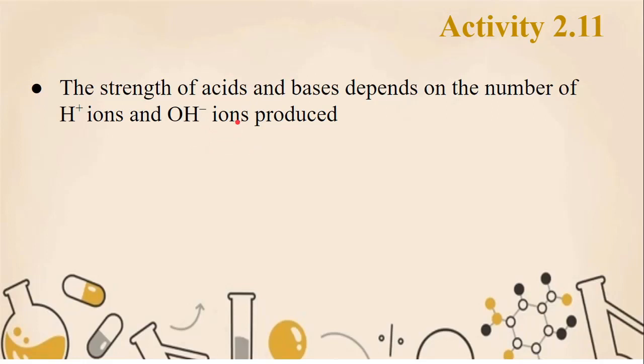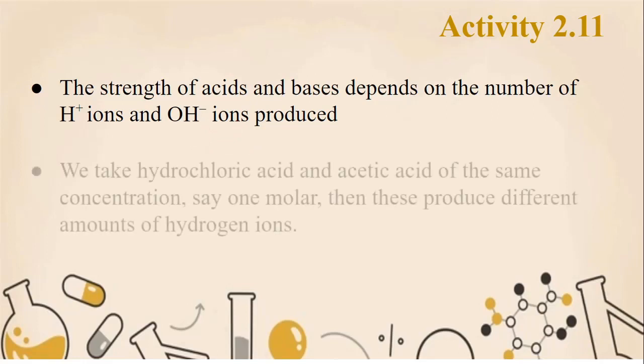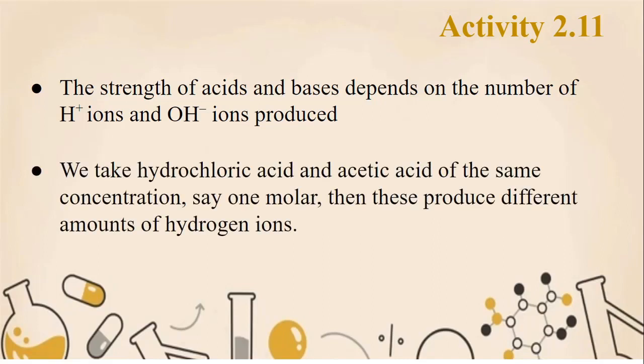If we take hydrochloric acid and acetic acid of the same concentration, say 1 molar, then they produce different amounts of hydrogen ions. It should be remembered that the concentration must be the same, say 1 molar.